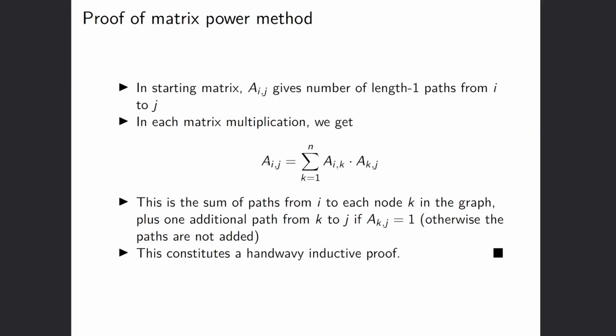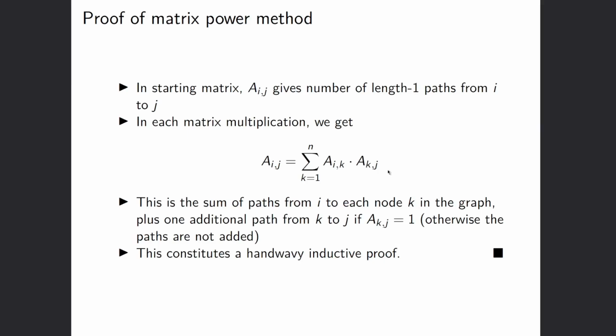The new value of A ij, that ijth entry, is going to be the sum from k equals 1 to n. So that's all possible intermediate nodes k, where we have the paths from i to k, and then we're multiplying that by whether there's a path from k to j, right?